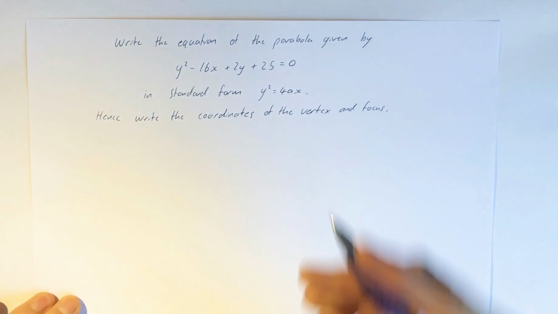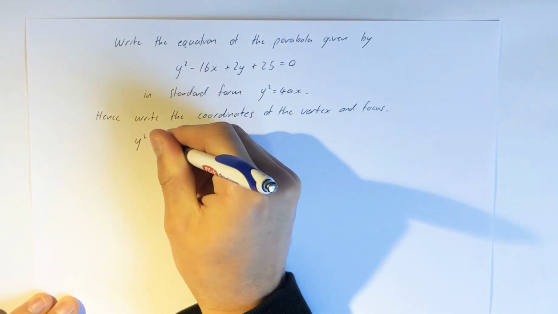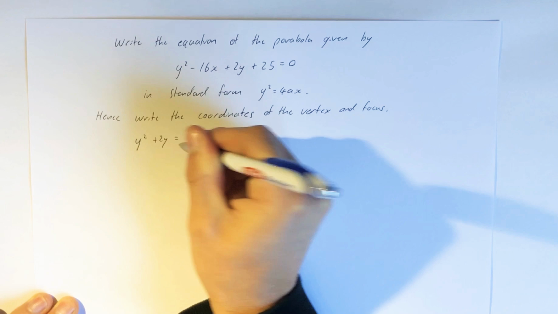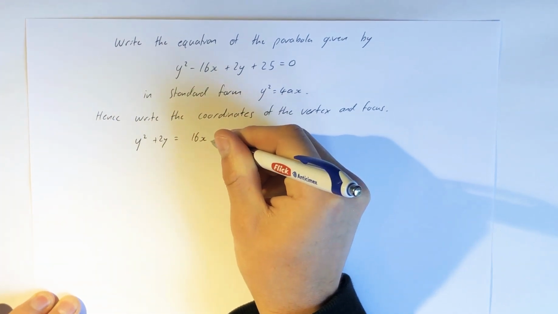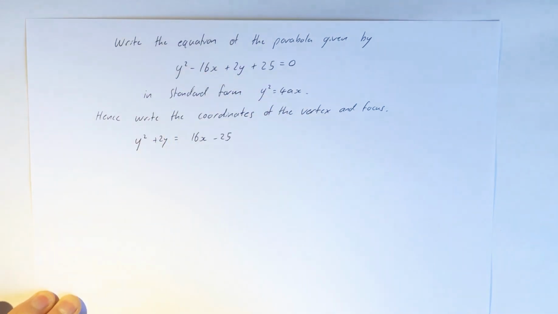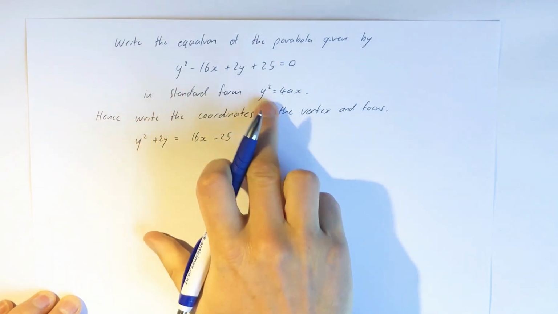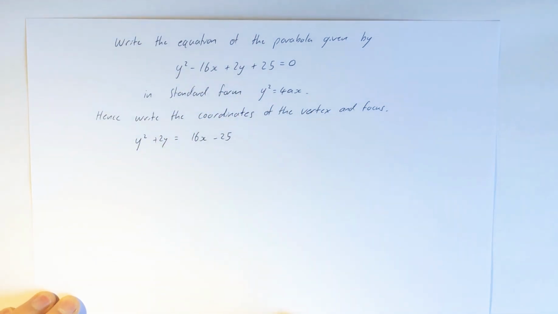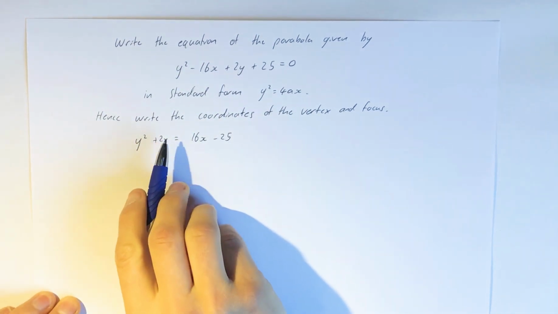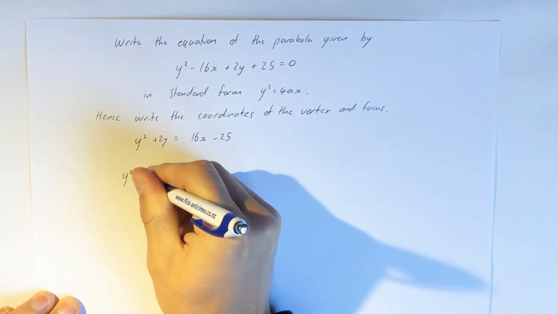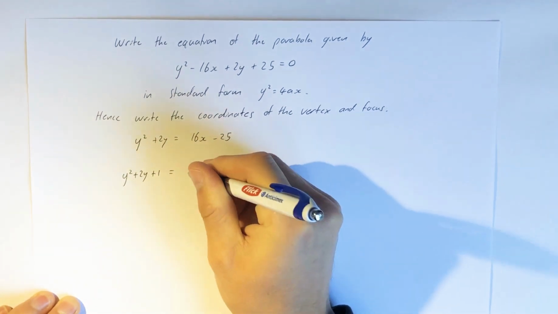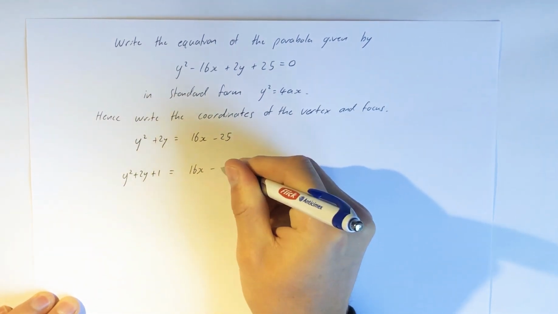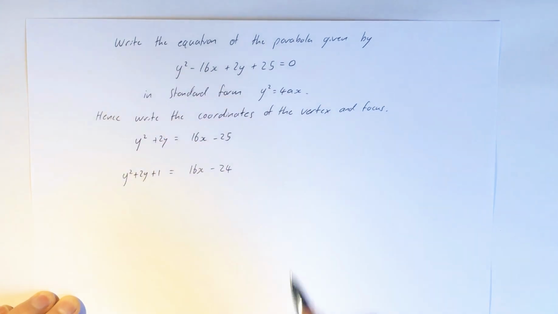Okay, so I'm going to take y squared plus 2y, and I'm going to say that that's 16x minus 25. Get my y's on one side and my x's on the other. Now, to complete the square, I'd have to add 1. So I get y squared plus 2y plus 1 is equal to, and I have to make sure I do that to both sides, 16x minus, and that's going to be 24, isn't it? By the time I add 1.